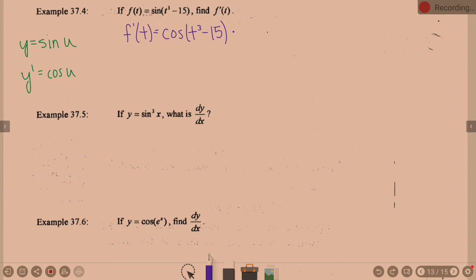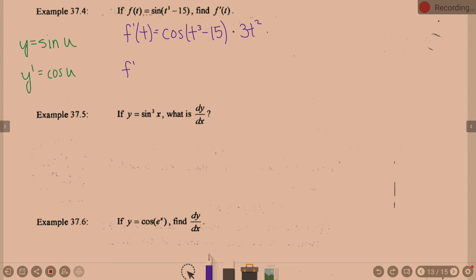Times derivative of t cubed minus 15, which is 3t to the second. My guess is, okay, leaving it like that would be acceptable. I tend to put the 3t squared out front because we tend to have other pieces being out front of the cosine.